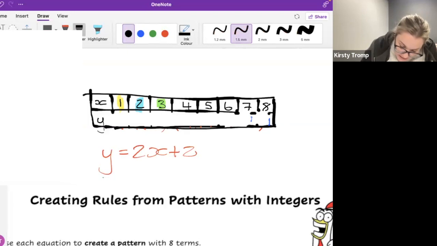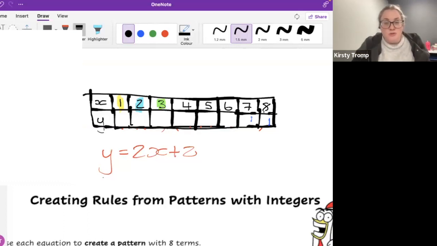I want to give you guys a nice opportunity to put all those numbers in the table for me. Okay, I am going to drop everybody's hands. All right, y is equal to 2x plus 2. Go and fill in your table very quickly.